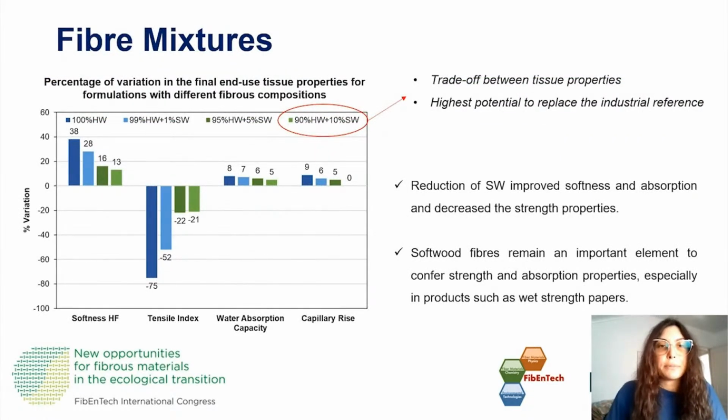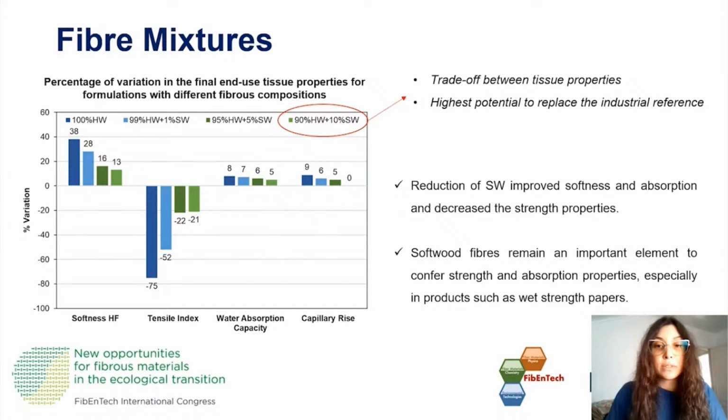Regarding the fiber mixtures, this figure presents the percentage of variation in the final end-use tissue properties for formulations with different fibrous composition. The results indicated that the reduction of softwoods improved softness and absorption and decreased the strength properties.